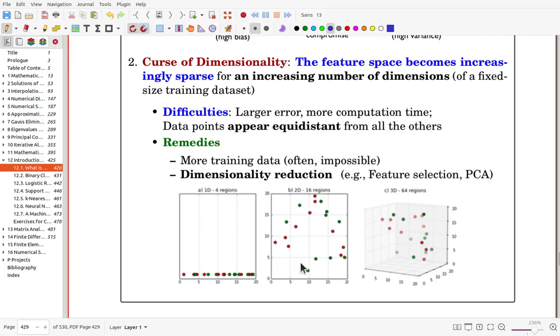However, if it goes to 2D, and later on to a 3-dimensional space, then the feature space becomes increasingly sparse, and it looks like every point appears equidistant from all the others, so classes or accumulated points are not easy to detect.